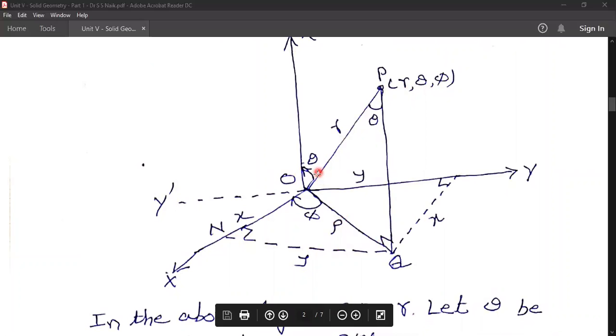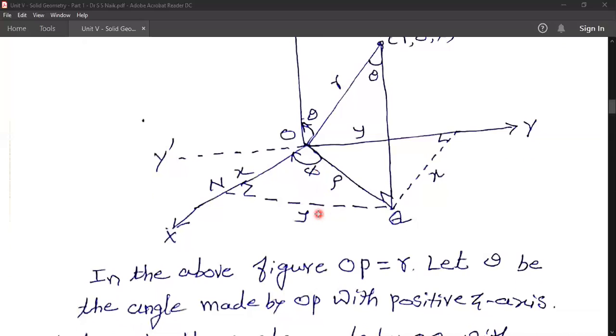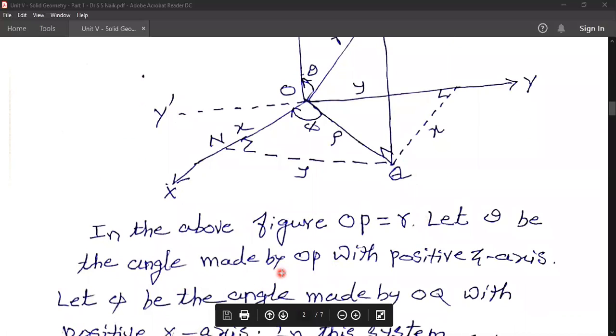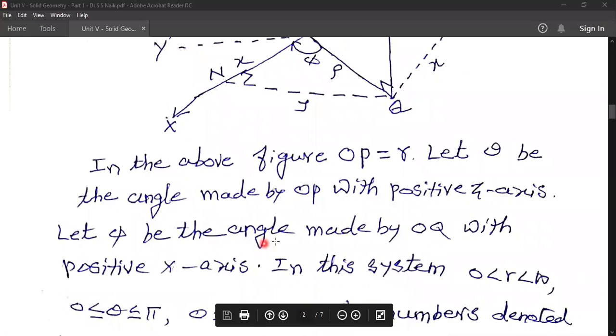In the above figure, OP is equal to r. Let theta be the angle made by OP with the positive z-axis. Let phi be the angle made by OQ with the positive x-axis.